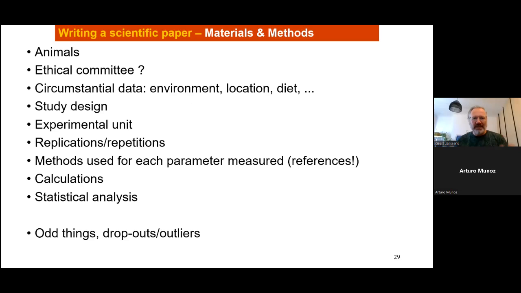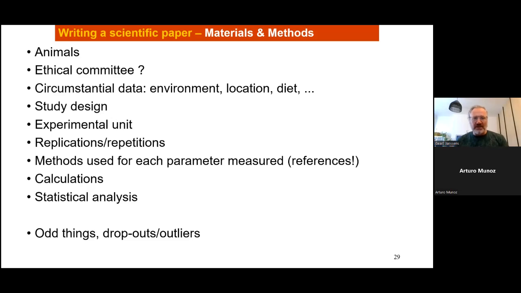So then material and methods. So we've had the introduction, now material and methods. With material and methods, you have to describe everything that allows somebody else to repeat your study. So you carefully have to think about what all the details are that need to be in there. Some of the typical things, but it depends on the type of study you do, of course, you have to describe your species. If you're working with a fish species, for instance, Orestias or something else, you need to describe what this species is about.